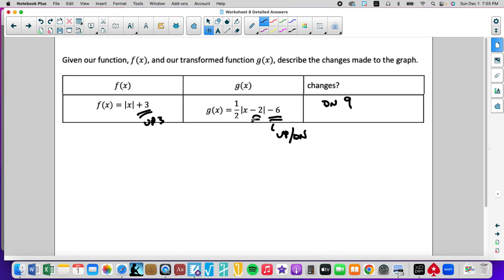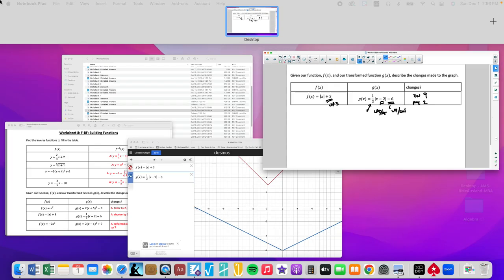This is my interior, and we're going to go with the opposite. So that's my left, right, but it's going to be opposite. So -2 is going to be the opposite of +2, so right 2. And then this is going to do it by 1/2, and you saw that it got wider. So let's see what that was.